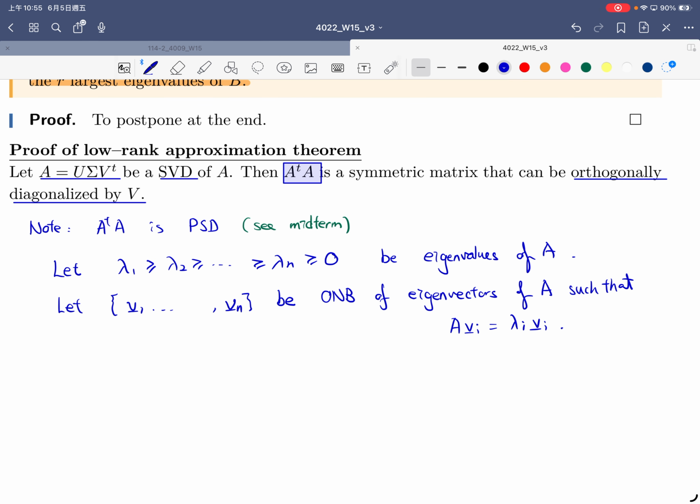And then now we just apply directly the linear algebra theorem that I stated above, the Rayleigh theorem.